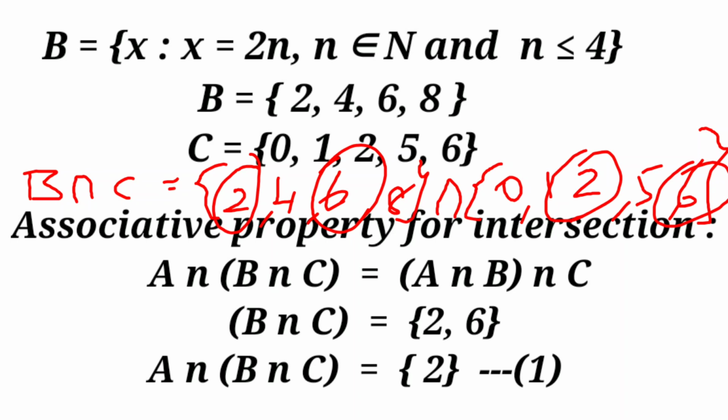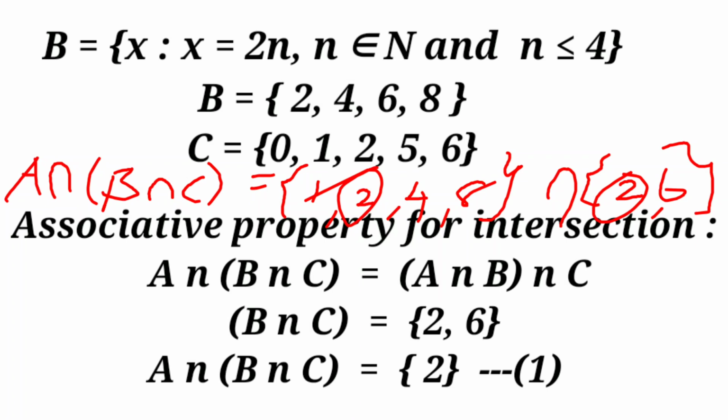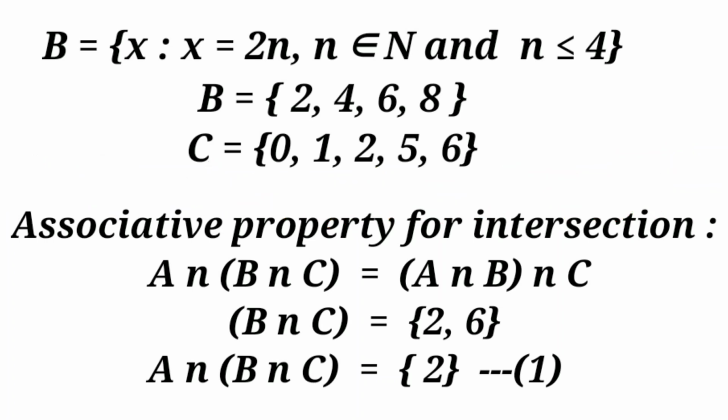Intersection means common elements. We should take common elements. So 2 and 6 are common elements. So B intersection C is equal to {2, 6}. Then A intersection (B intersection C) is equal to {1, 2, 4, 8} intersection {2, 6}. Here common element is 2 only. Therefore, A intersection (B intersection C) is equal to 2. That is equation number 1.